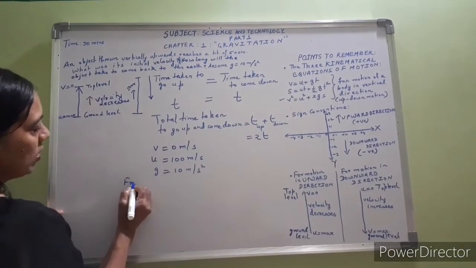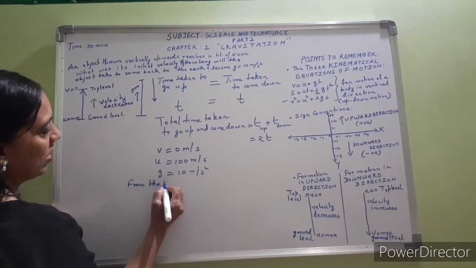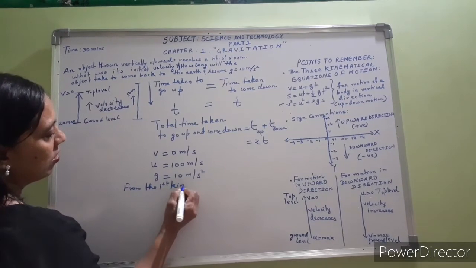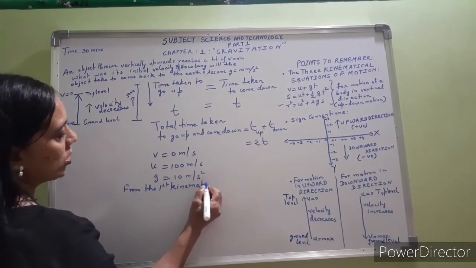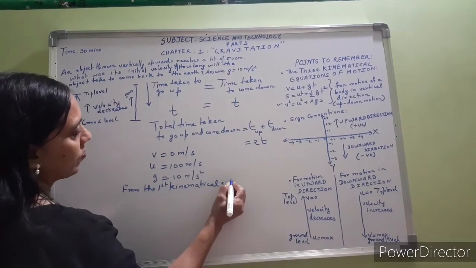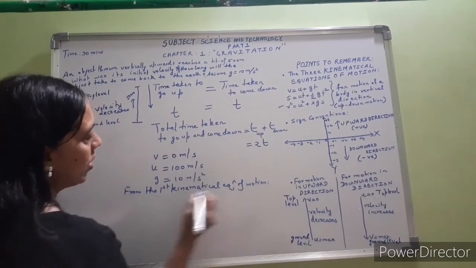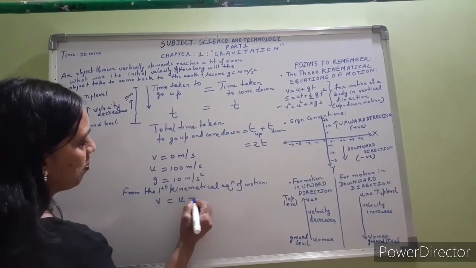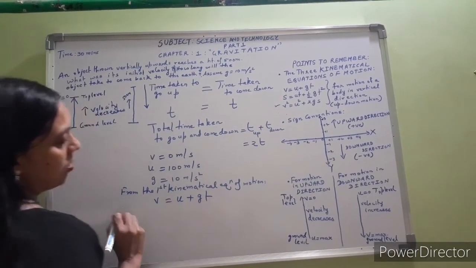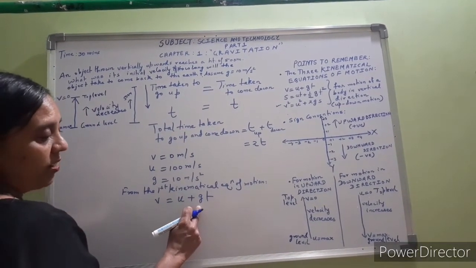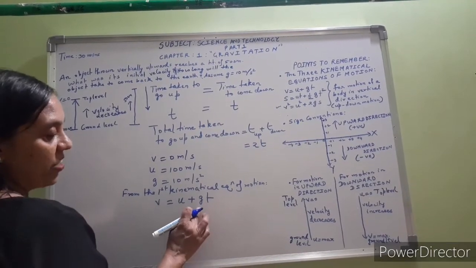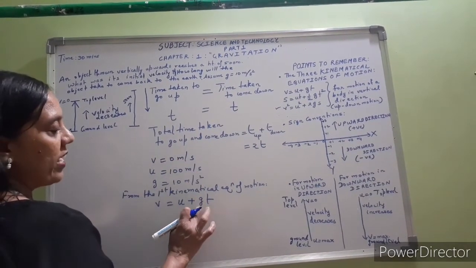So from the first kinematical equation of motion we get v is equal to u plus gt, because this is motion in the upward direction, vertical direction in the upward direction. So a के जगह g आएगा.